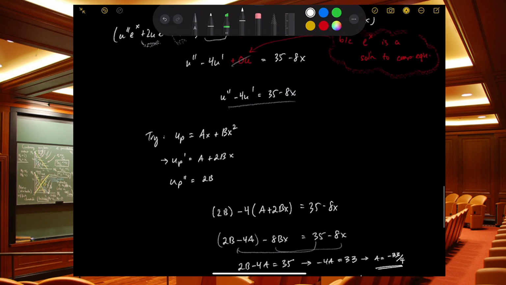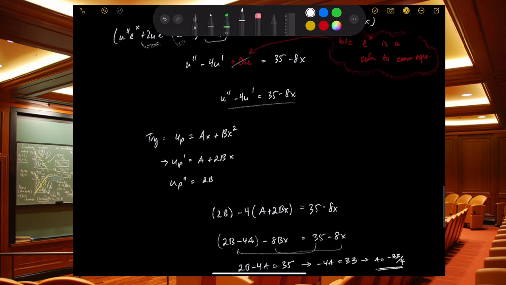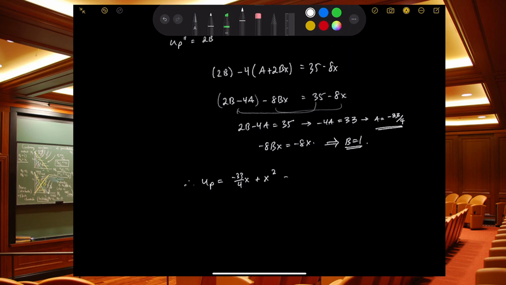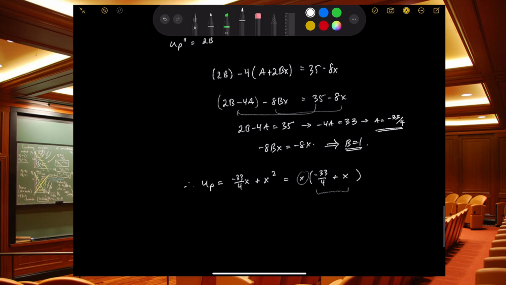We have a bx squared from right here. And so it's of this form, or you can see it written in the book like this, to represent the fact that it's still got this product of a linear piece, but we need this extra x since the complementary solution was used on the right-hand side already.